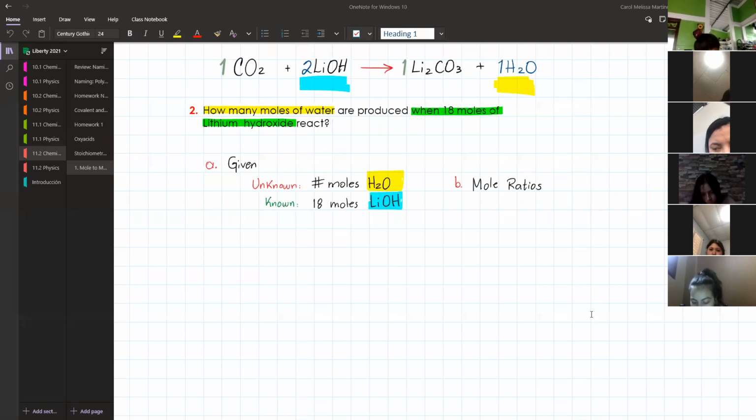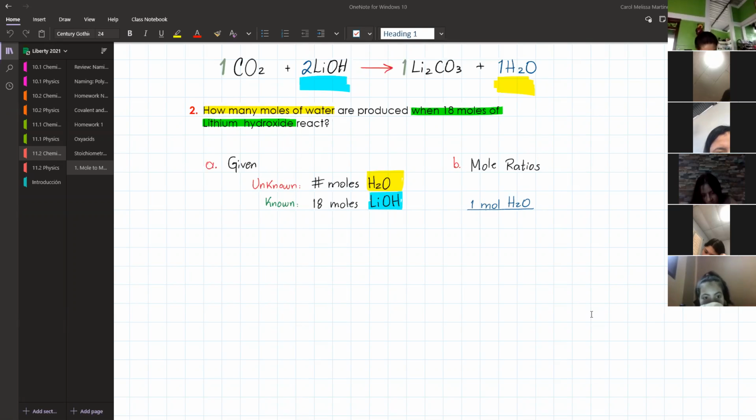What is the mole ratio that I can write for this exercise? Anyone? 1 mole H2O over 1 mole LiOH, or 1 mole LiOH over 1 mole H2O. Okay, take a look here. 1 mole H2O, but here you have 2 as a coefficient, okay?